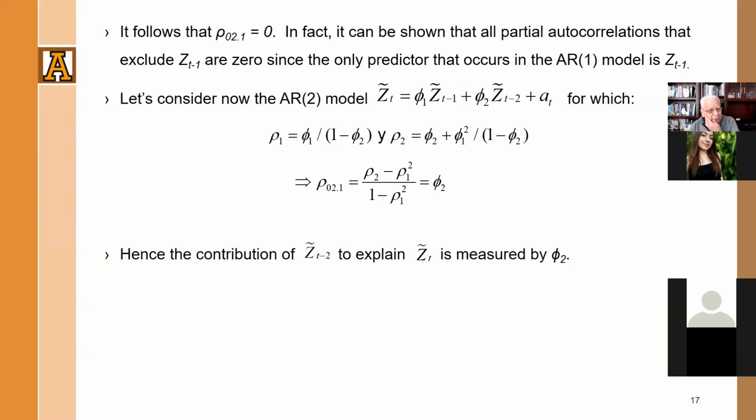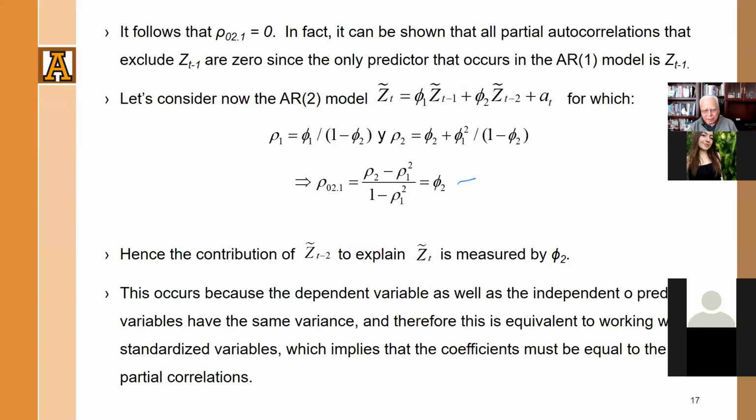So from this equation, what we see is that the contribution of Z_{t-2} to explain Z_t is measured by the coefficient. By analogy with regression, this occurs because the dependent variable as well as the predictor variables have the same variance. If they had different variances, I could not conclude this. So I get this expression because the variance is the same for Z_{t-1}, Z_{t-2}, and so on.